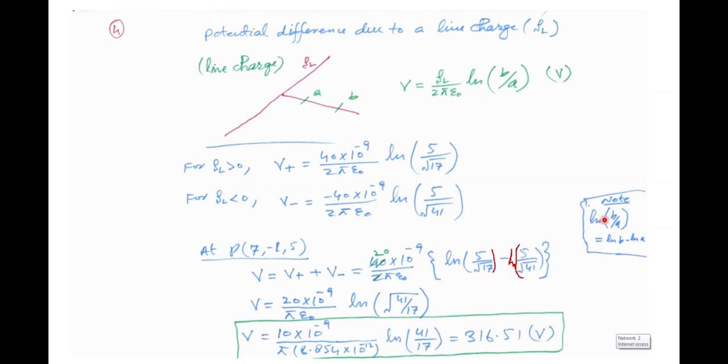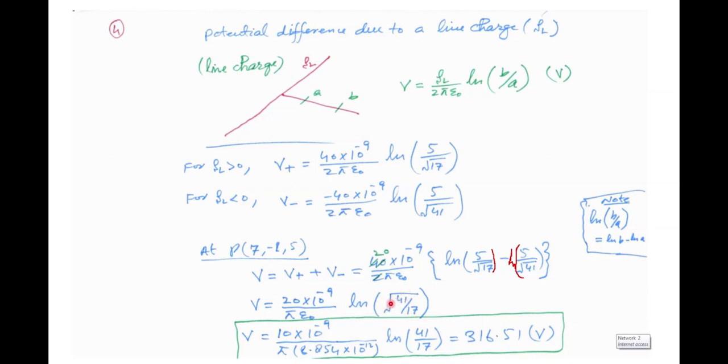And as we know, when the argument of ln is a division, that is ln b by a, we can expand this as ln b minus ln a. Using this relation, we can divide the argument of the first log by the argument of the second log, which results in ln 41 divided by 17 under square root.